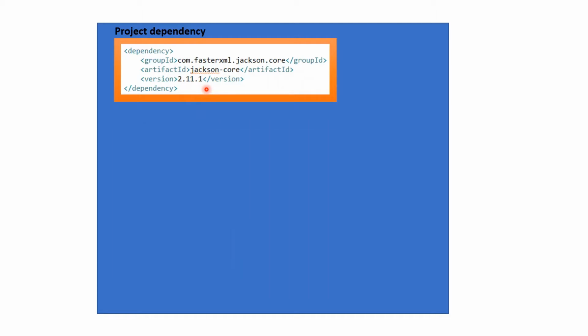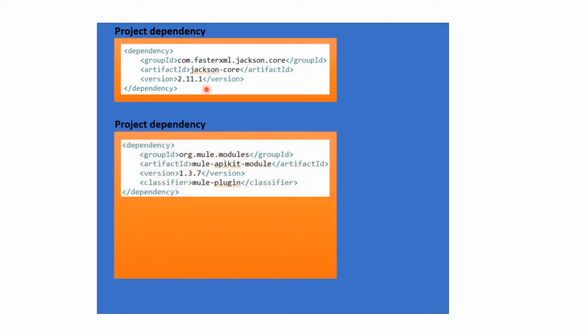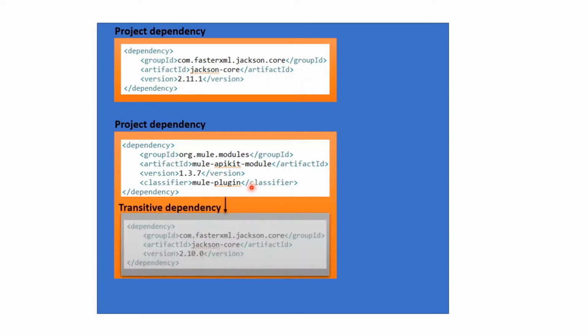I have another dependency, which is Mule APIkit. It belongs to the APIkit module, and it in turn uses Jackson, which has a different version. It's 2.10.0.